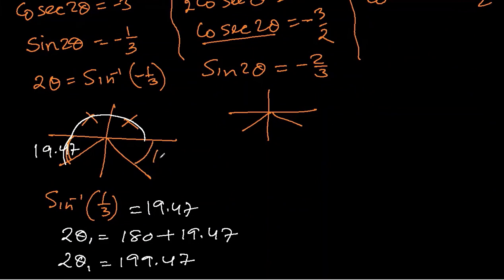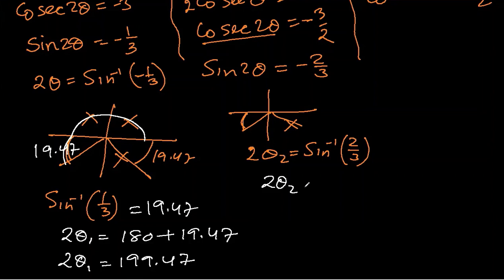And if I take this angle, which is just 19.47, it will not give me the 135. I'm sure about this. That's why I did not take this one. Okay. Here also I will not take this one. So sine inverse, 2 theta 2 equal to sine inverse 2/3 positive. We already know the quadrant. We have to find this angle.